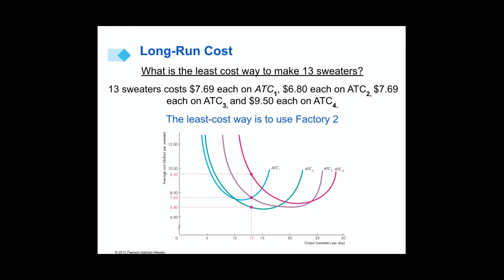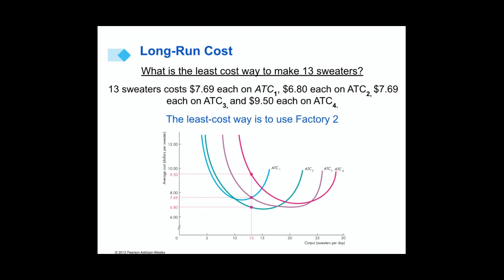And it turns out that the plant that has 2 knitting machines and the appropriate labor for 2 knitting machines can make those 13 sweaters at an average total cost of $6.80, which is lower than it would cost on the factory with 1 knitting machine, where it's $7.69, because there they've already passed the low point on their average total cost curve and they're starting to experience decreasing returns.